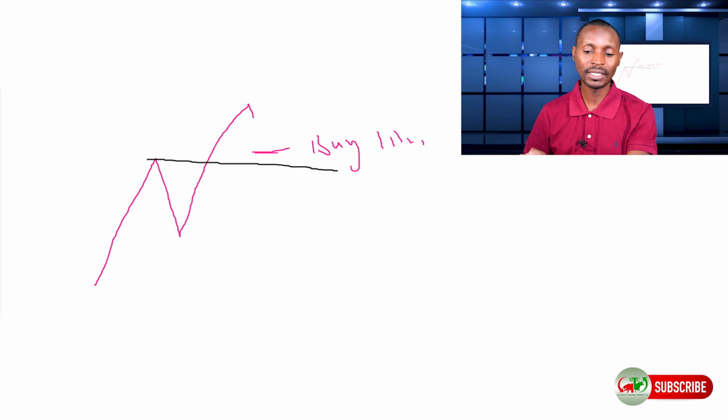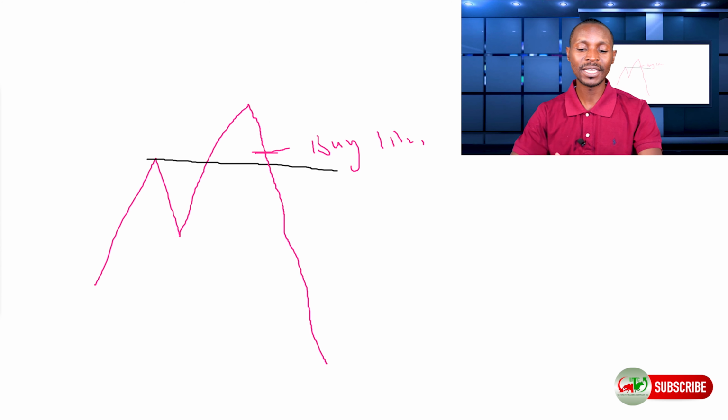One of the disadvantages of a buy limit is that the market might trigger your buy limit order but then continue lower. If it continues, you can even end up losing your entire capital.